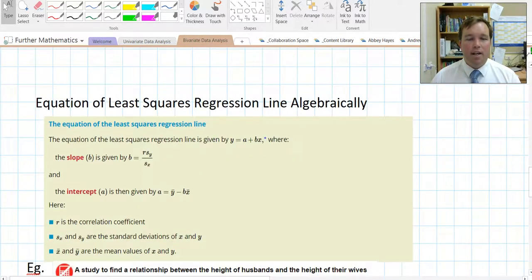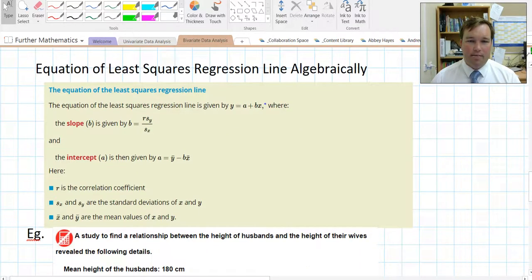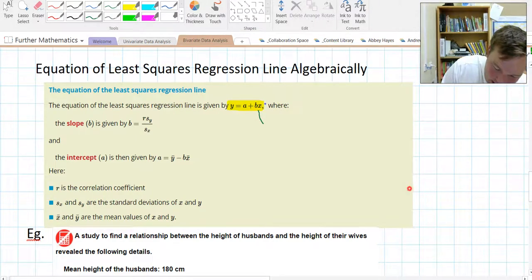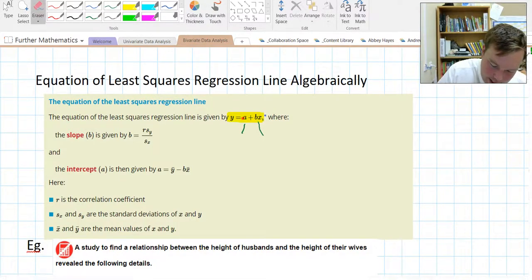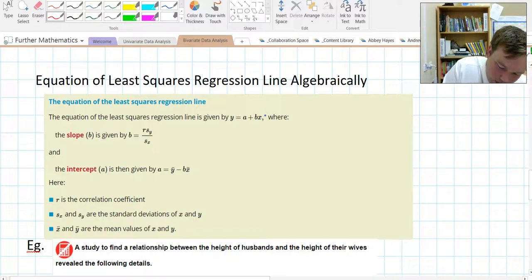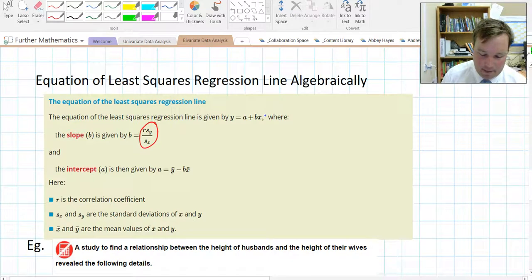Alright, now there is a way to do this algebraically. Algebraically, we're after a line with the equation y equals a plus bx, where b is the slope and a is the y-intercept. Now, we can find the slope if we have r, sy, sx.